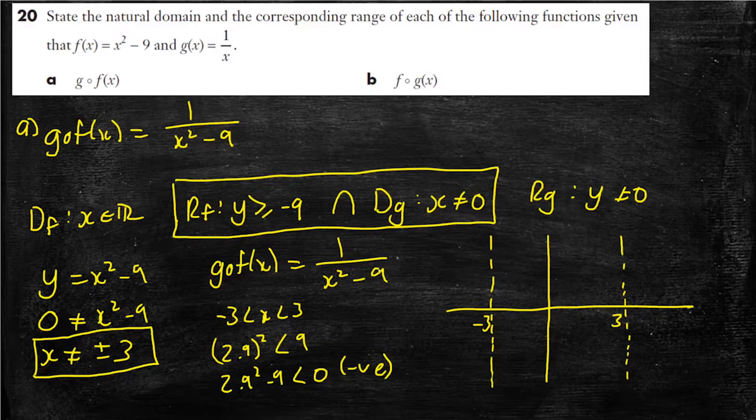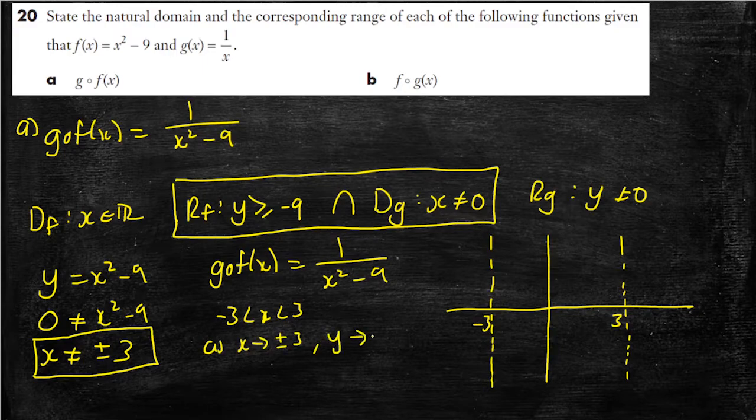And 1 divided by a -0 takes us to -infinity. So that means that as x approaches plus or minus 3, my y value is going to approach -infinity. So it's going to go down like that and down like that as it approaches inside this range over here.